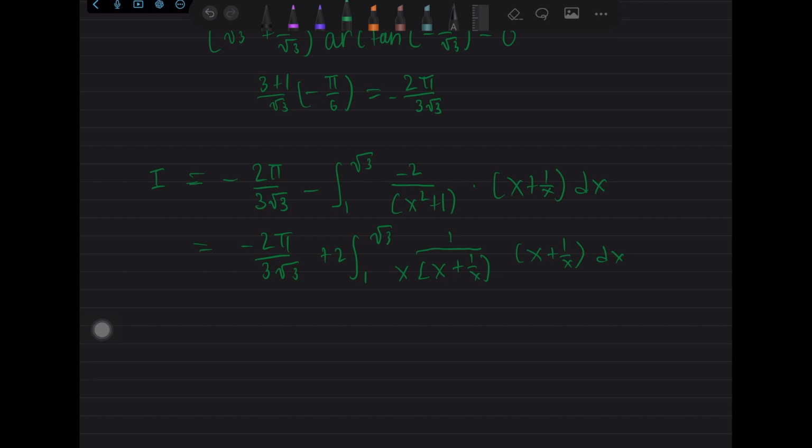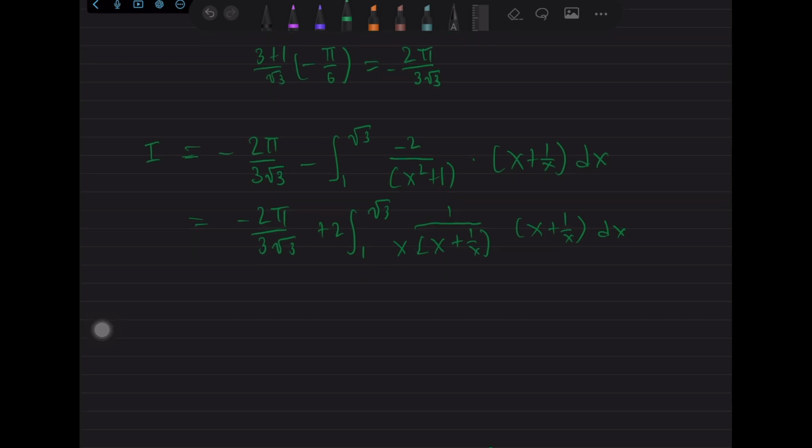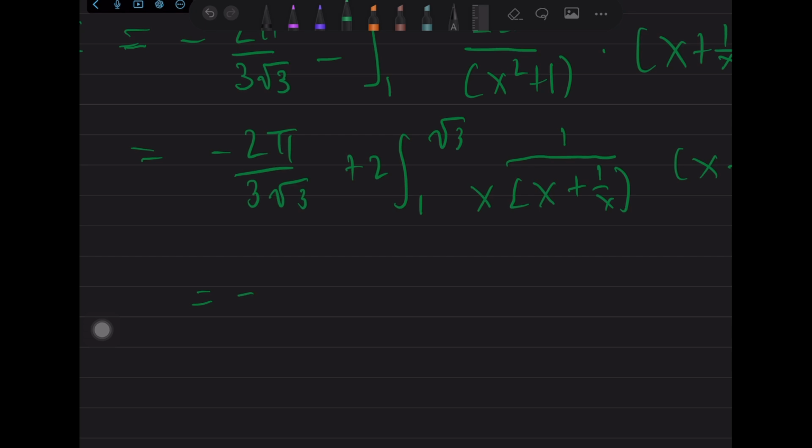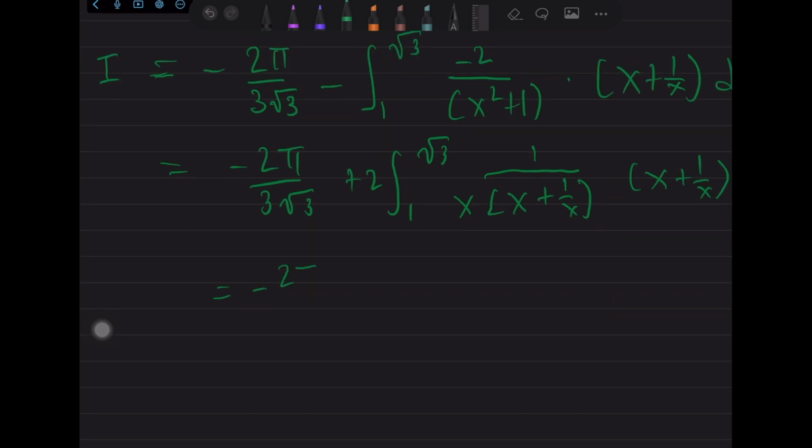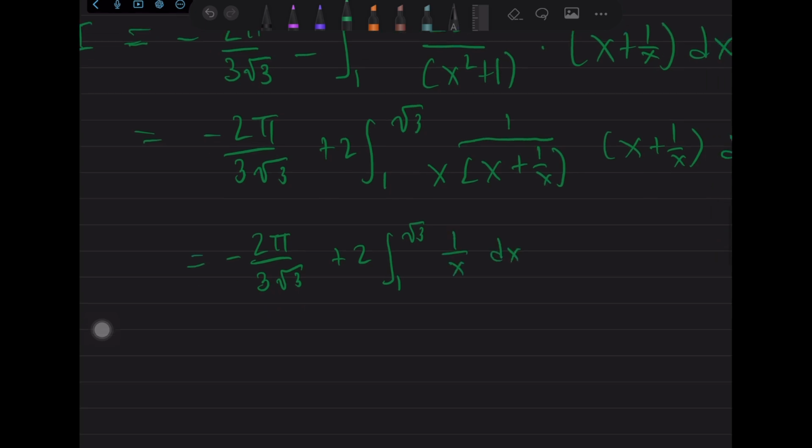Notice that the x plus 1 over x and x plus 1 over x cancel now. So we now will have plus 2, the integral from 1 to root 3 of 1 over x dx. Great. This is just natural log of x.